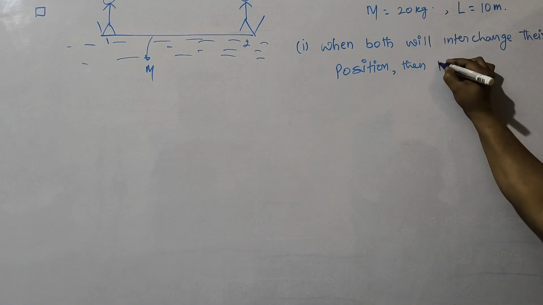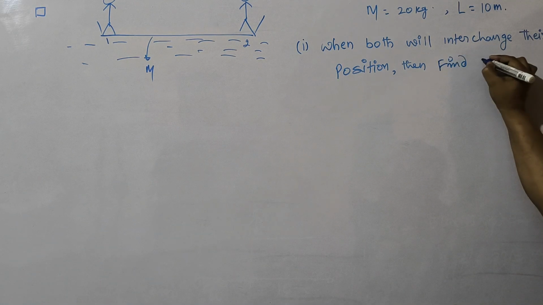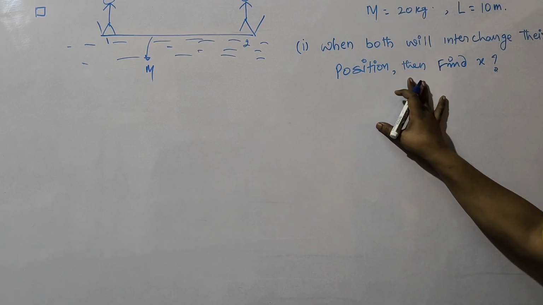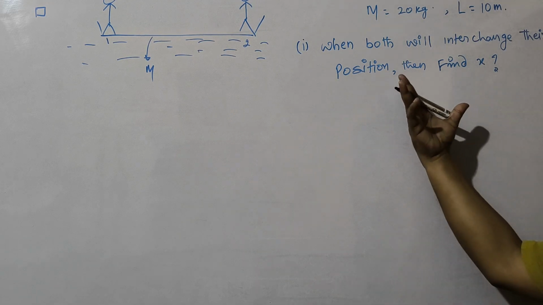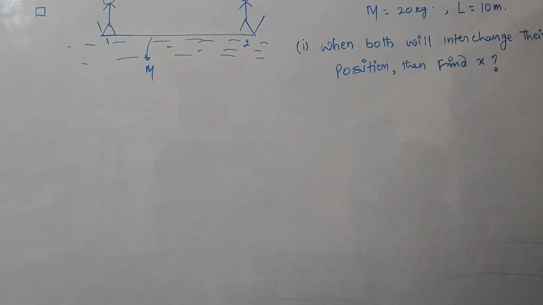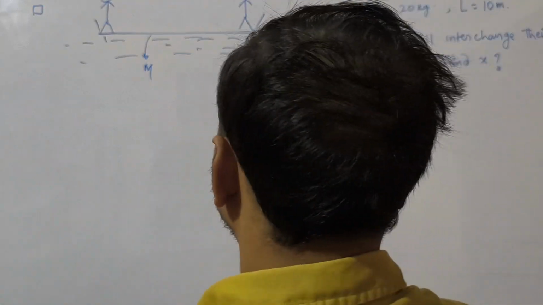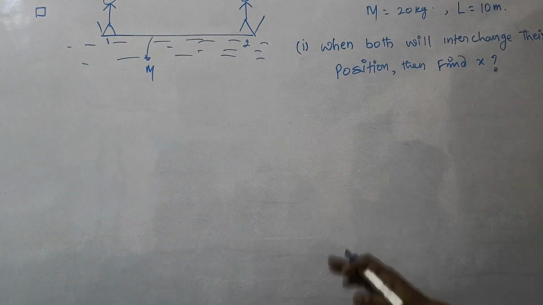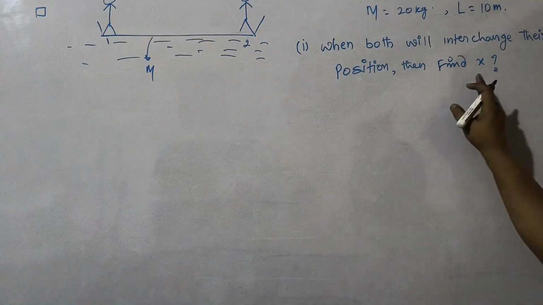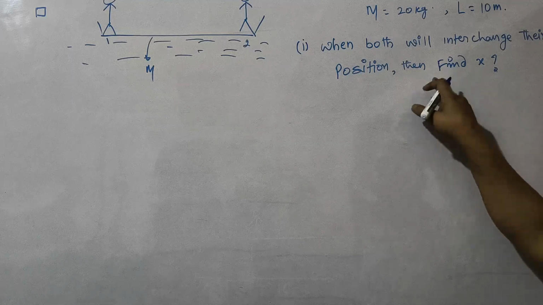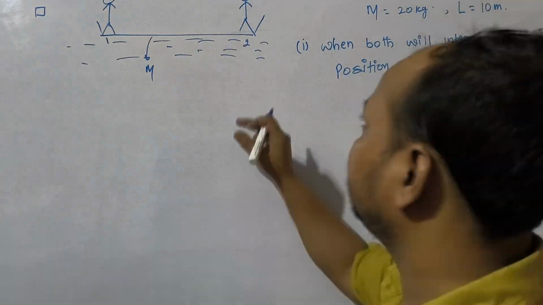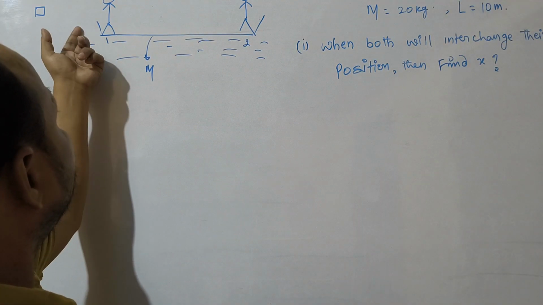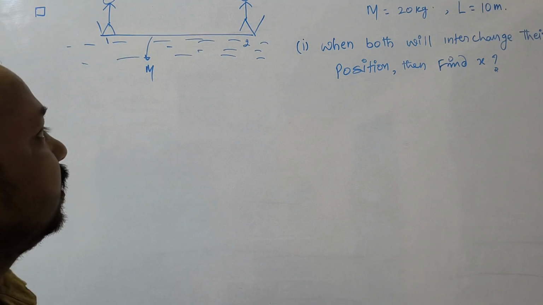So we have to find x, the net shift of the center of mass. We will discuss this first question, then I will discuss the second question. The second question is, when they come to the center, what will be the net shift of the boat. First, let's say they have interchanged their positions, meaning M2 will come to this end and M1 will come to this end.